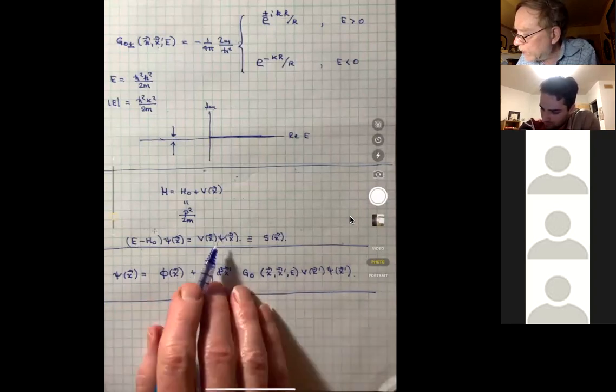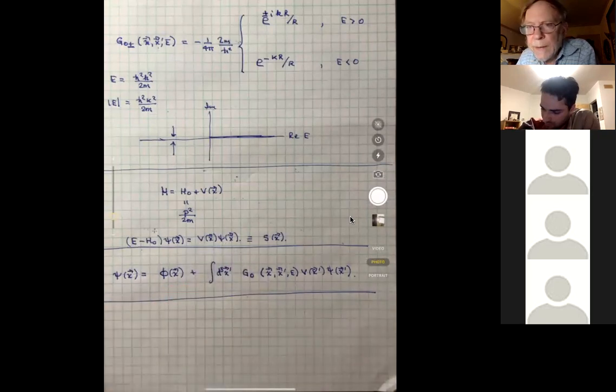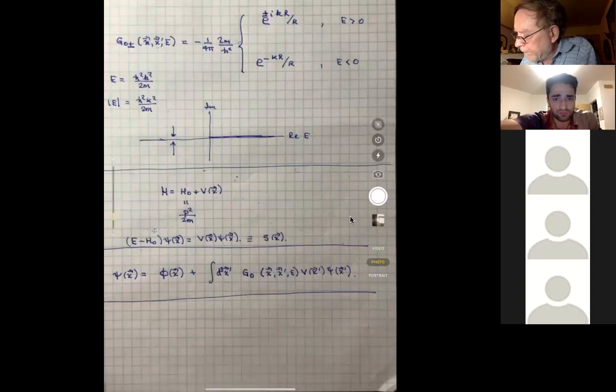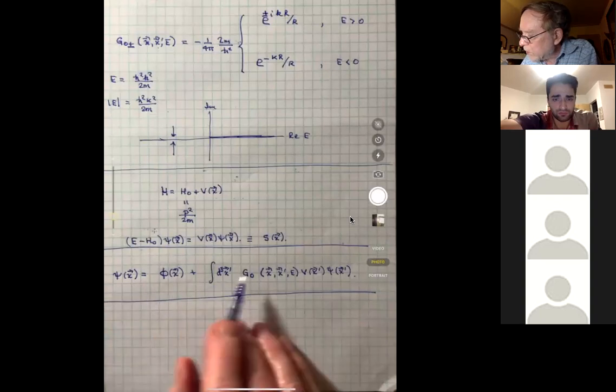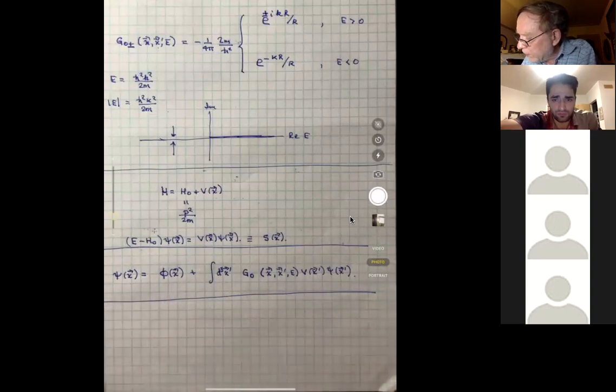That's because the driving term depended on psi. So it's not an explicit solution. Rather, it's an integral equation which is satisfied by this solution, which in some sense is equivalent to the original Schrodinger equation, but which is better for applications to scattering theory, mainly because it incorporates boundary conditions, as we will see. So in any case, remember, this is not a solution, it's rather an equation satisfied by the solution psi of the Schrodinger equation.